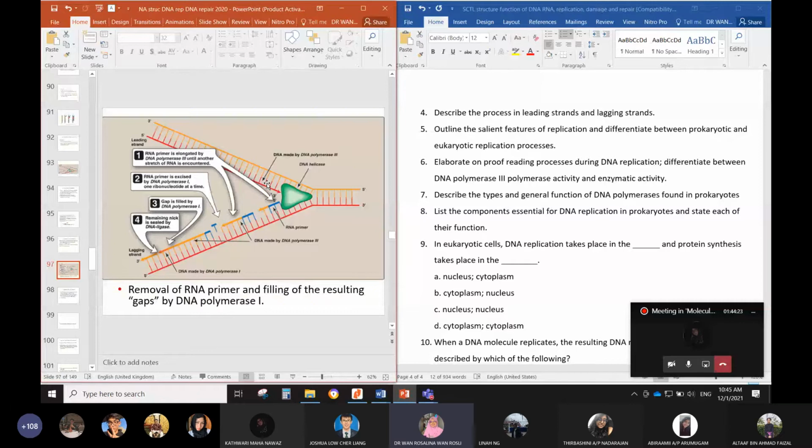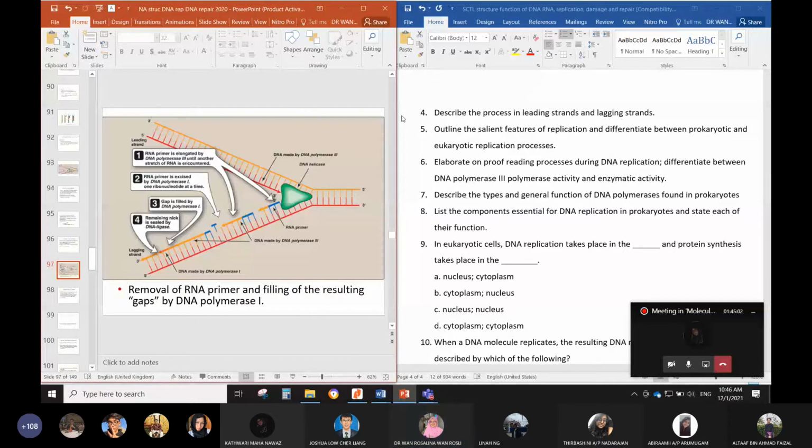That is the function of DNA polymerase 1. To connect the Okazaki fragments, you have another enzyme, DNA ligase. Ligase is the one who ligates, which means to glue together. It glues between the fragments, so now you have both fragments intact. I hope that's clear.